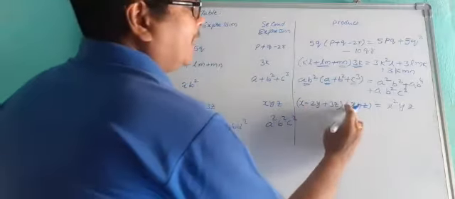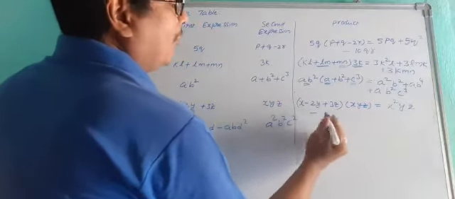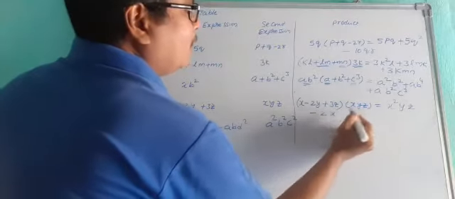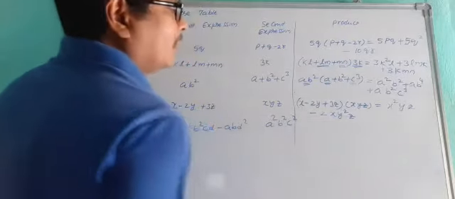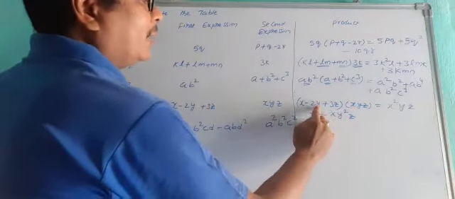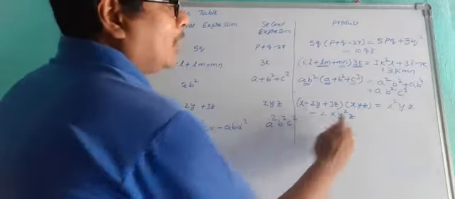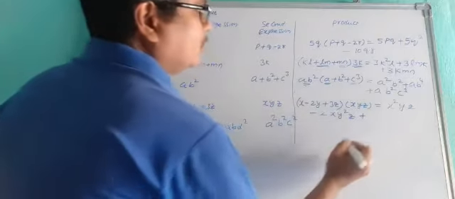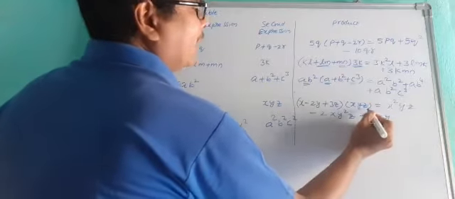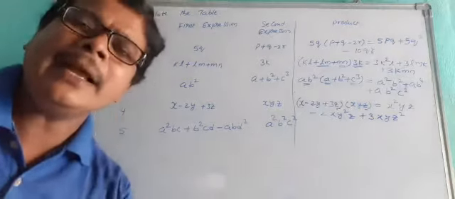Next, negative quantity into positive quantity, xyz into 2y, so minus 2 into 1, minus 2 x y square z. Last and final, positive quantity into positive quantity, 3 xyz into z square, 3xyz cube. So that is known as the resulting product.